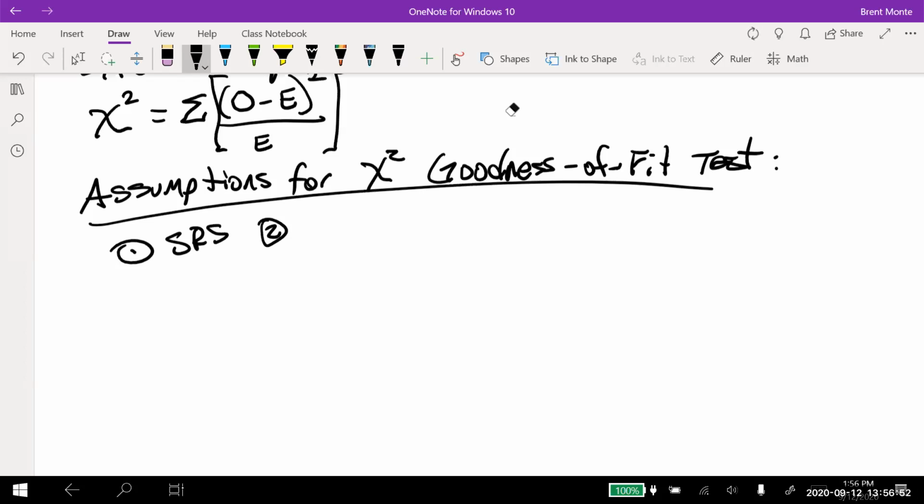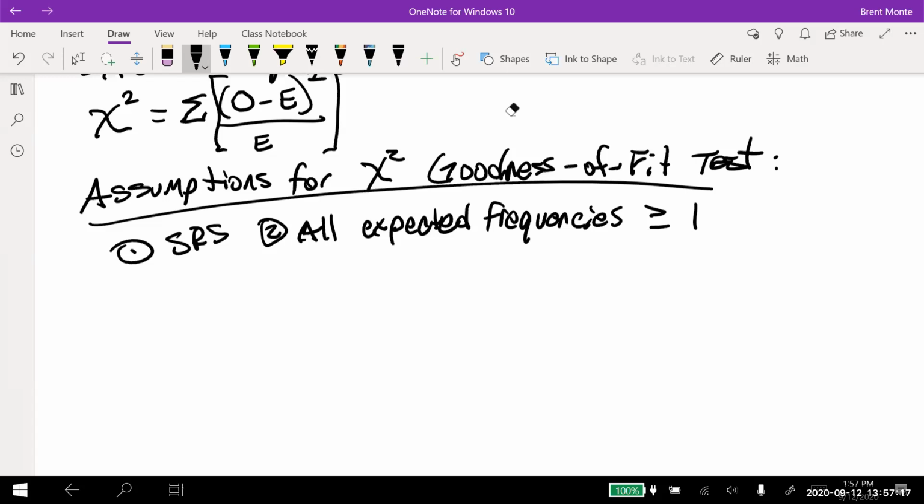2, all of the expected frequencies must be greater than or equal to 1. So we can't have an expected frequency less than 1. Now, before we were saying all the expected frequencies had to be at least 5. Here they're saying, well, we've got multiple categories.